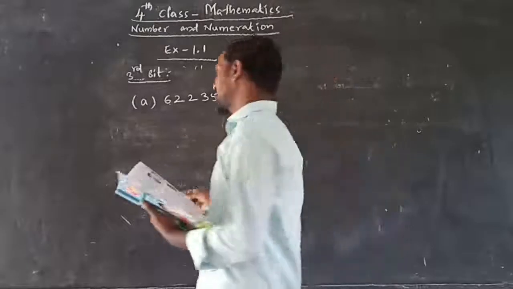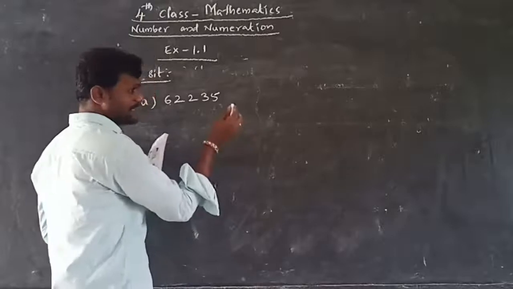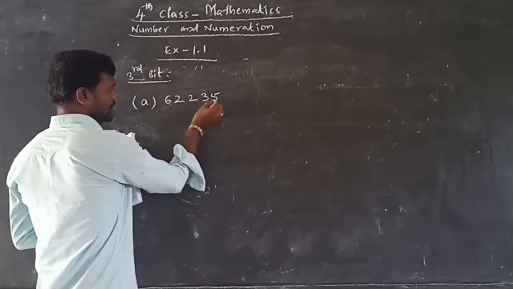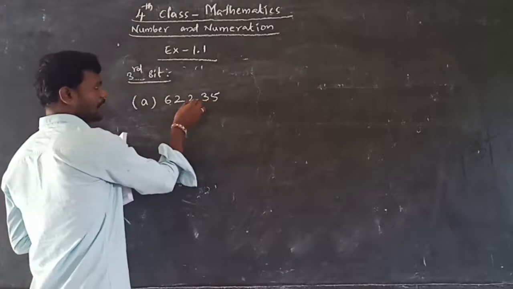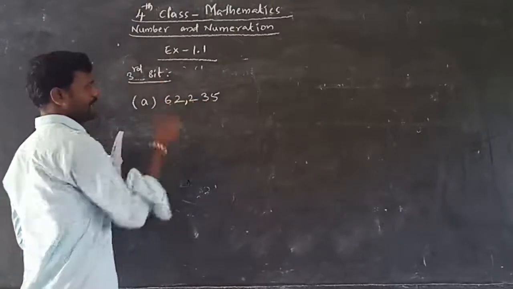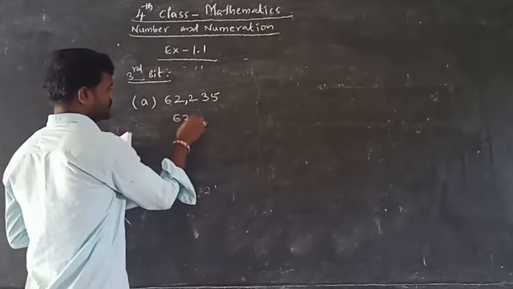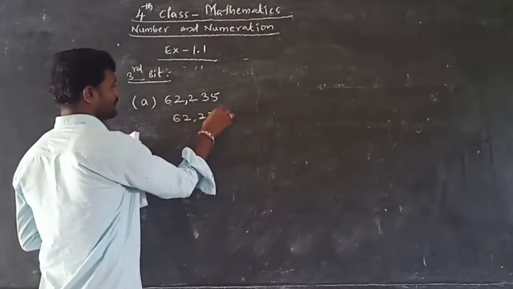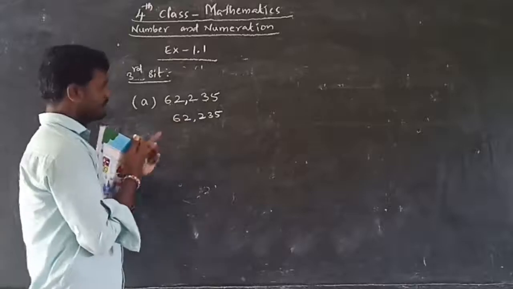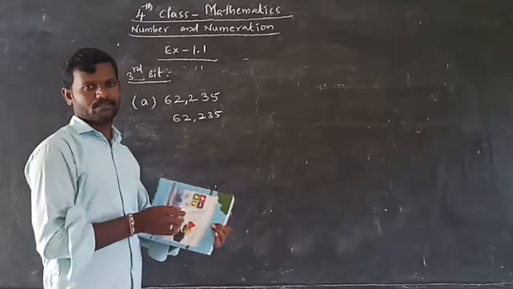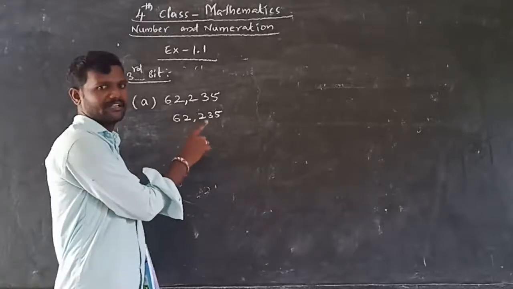Where you have to write comma? After hundreds you have to write comma. Ones, tens, hundreds. Now what is the number? 62,235. Like this you have to write. How you can read it? 62,235.